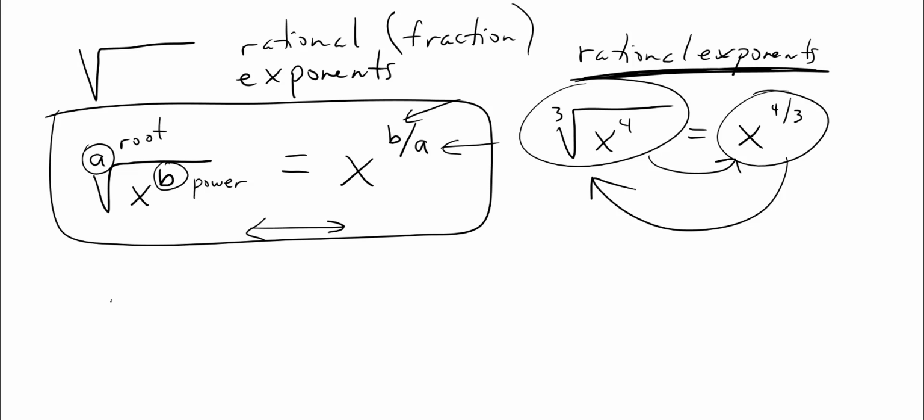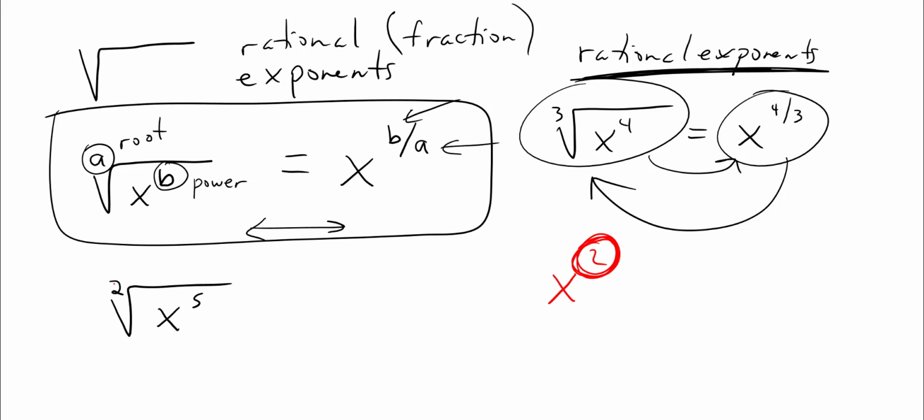What if I just have the square root of x to the fifth? You should know that symbol is a square root. There's a number there, and sometimes kids like to put a 1 there. It's not a 1, it's a 2. Think of it: if I say x squared, that's 2.